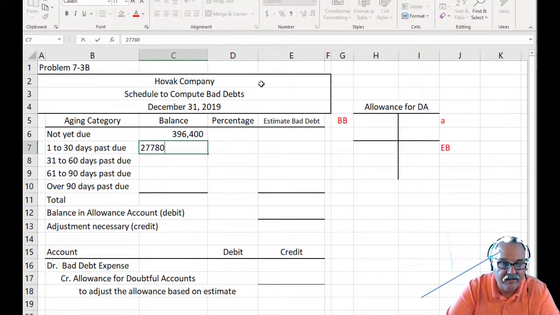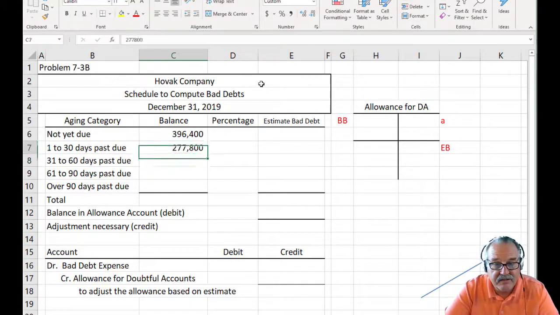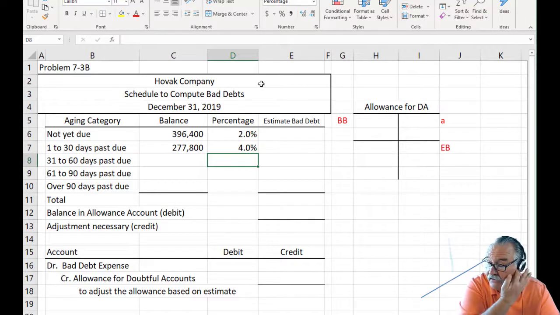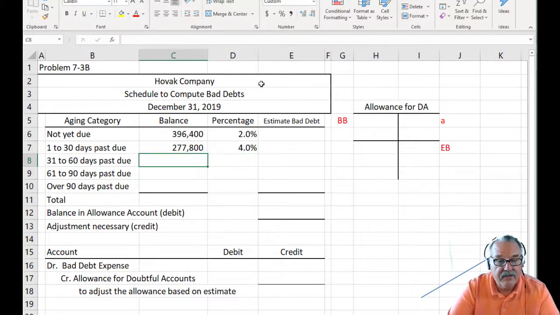That's 277,800. A higher percentage of that is going to be not collected. In this case, they've suggested 4%. And these are based on some sort of a historical trend.